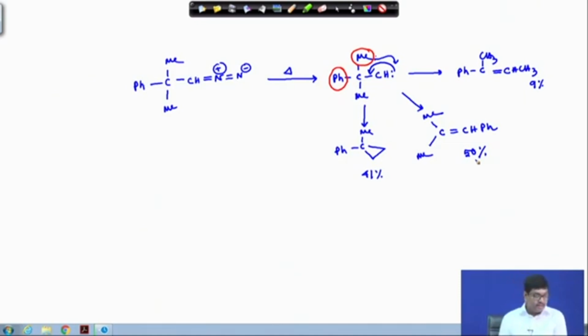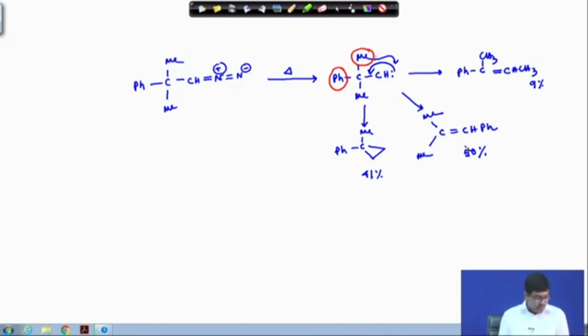The phenyl group's migrating aptitude is higher than the methyl group, that is why the phenyl group migrates and gives more product, whereas when the methyl group migrates, the amount of product is less because of the difference in migrating aptitude.